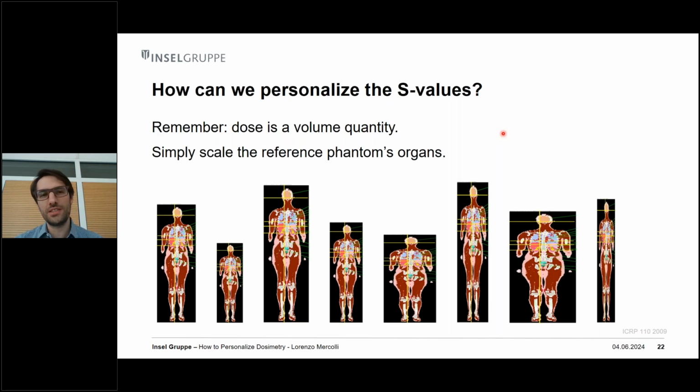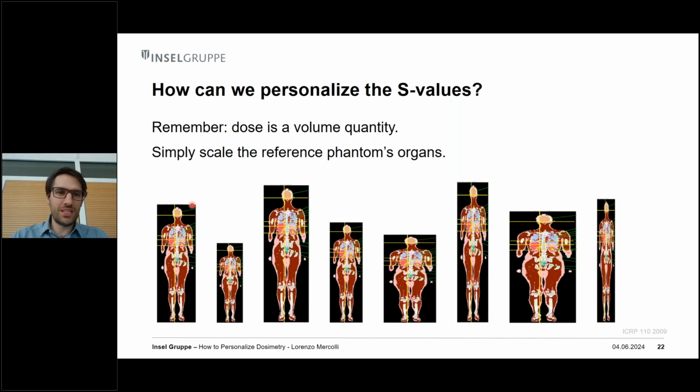Remember that at the beginning I stressed that the dose is a volume quantity. So what we can actually do is take the reference phantom and simply scale the size of the organs of the reference phantom to the organ size of our patient.